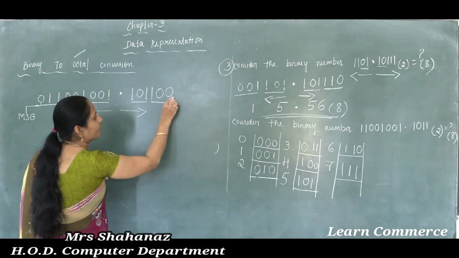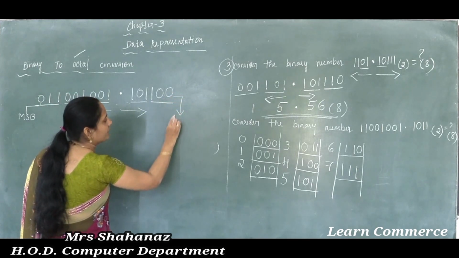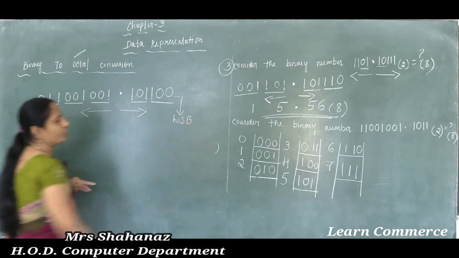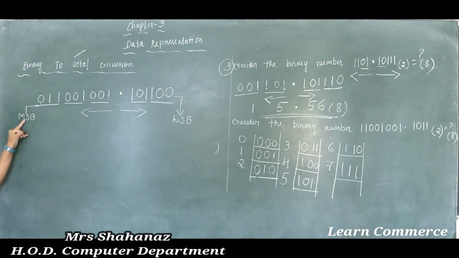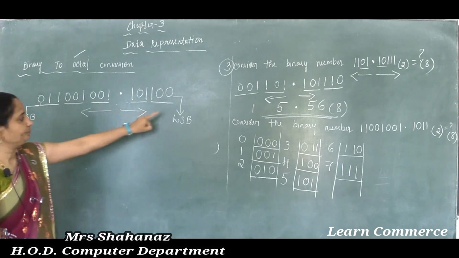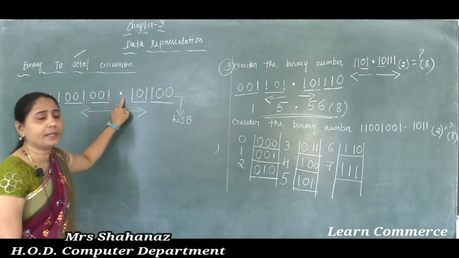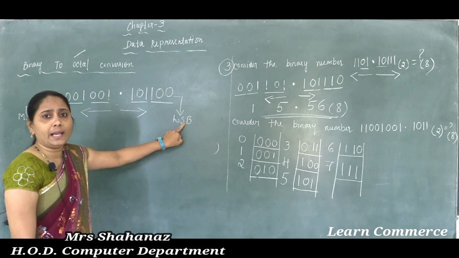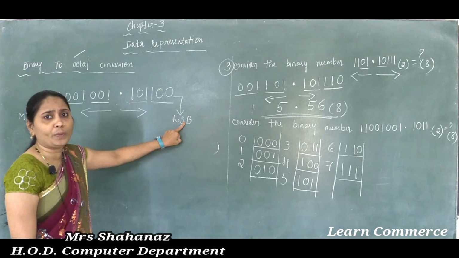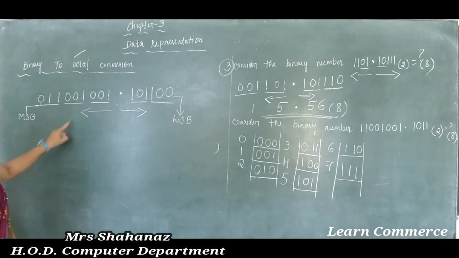So that means we need to add the 0 in which side? In our LSB. So we can say that for whole number it may be necessary to add 0 on the MSB side in order to complete a grouping of 3 bits. While representing a fraction, it may be necessary to add 0 in LSB in order to complete a grouping of 3. Now you have to check it.